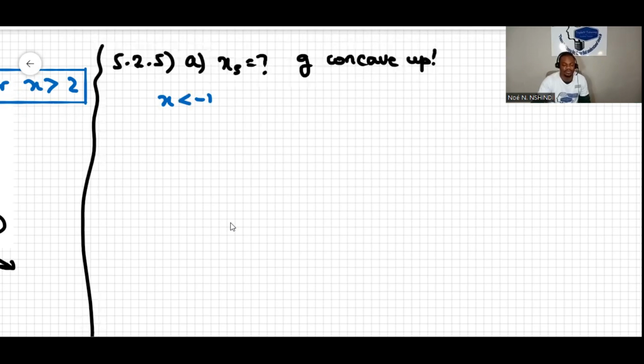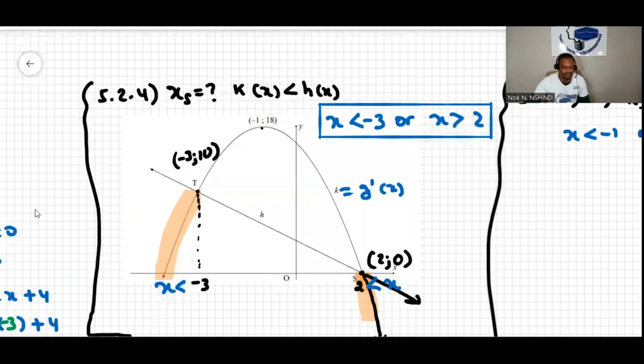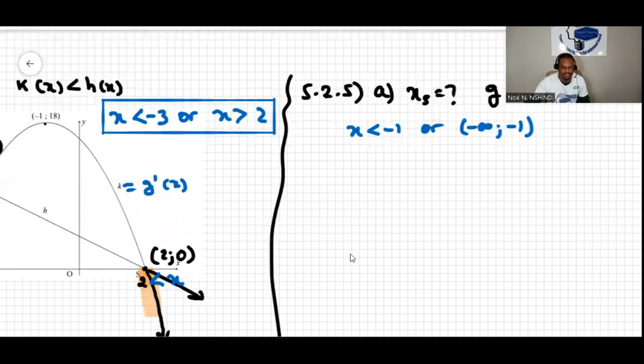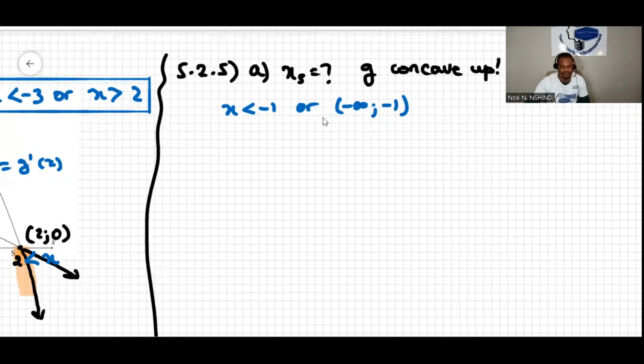Or we can write it as from -∞ to -1, because it was increasing in this interval. From here it is increasing all the way through -1, and so those are the values of x. That was question A.